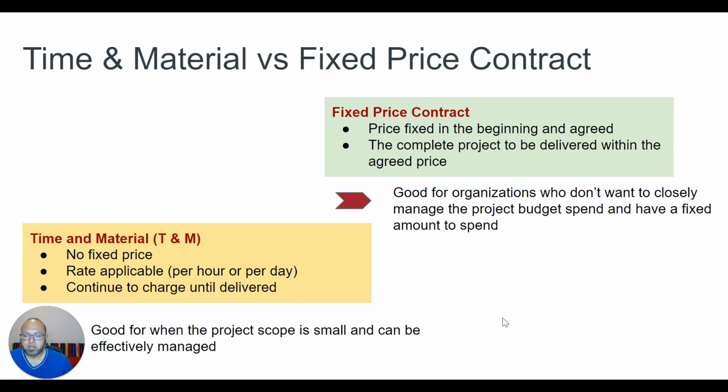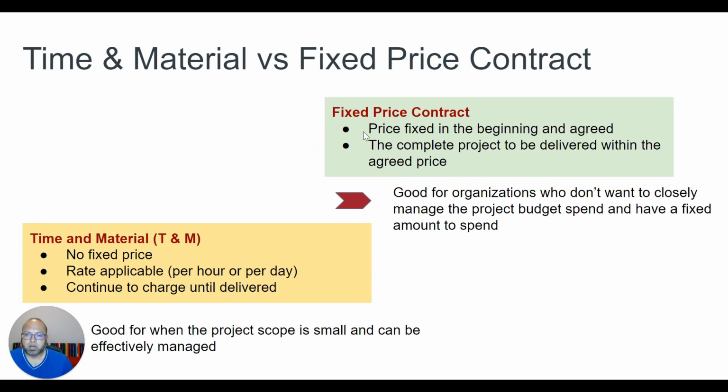A lot of vendors that we work with have a fixed price contract. That means I'm going to give you $500,000 to do an application for me. If it takes longer than that, that's your problem. We're only going to pay you $500,000. On the other hand, if it's time and material, we allocated almost $500,000, but if it takes longer, then you're going to pay more. It might end up $1 million.